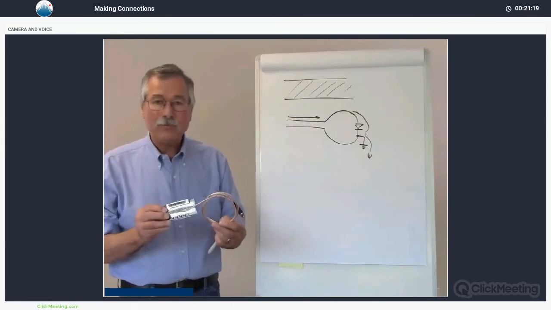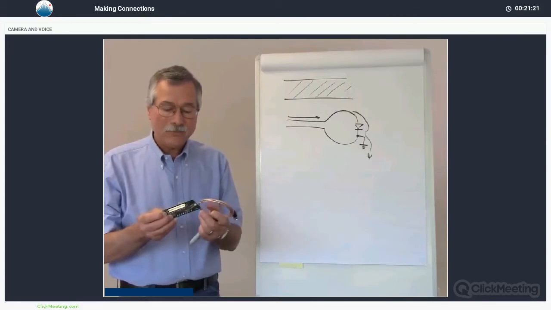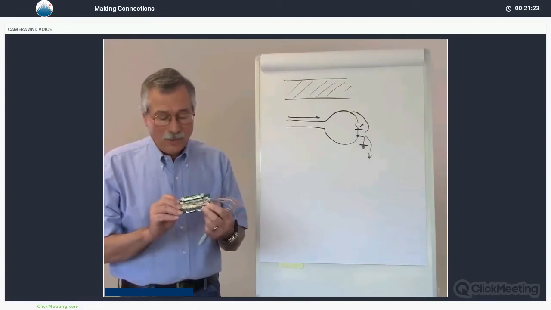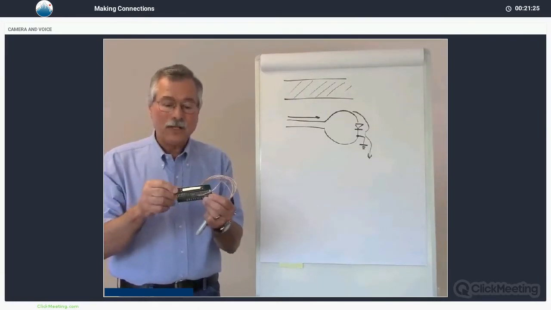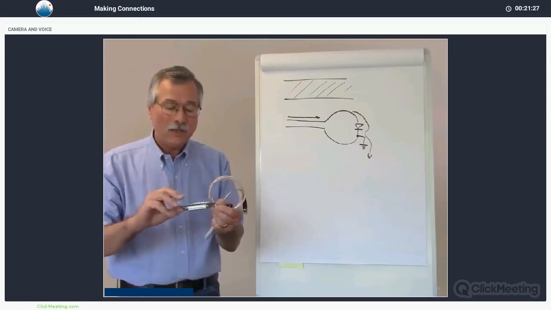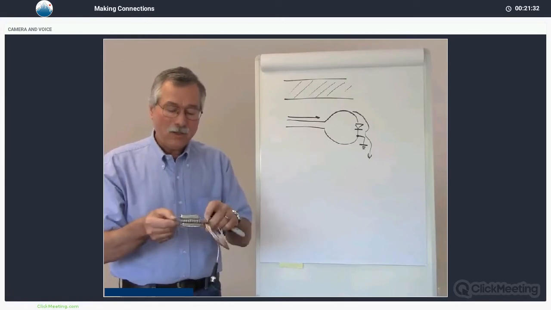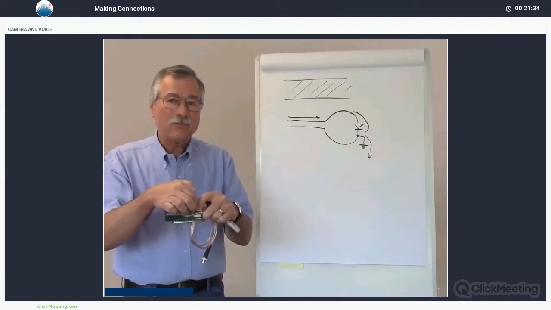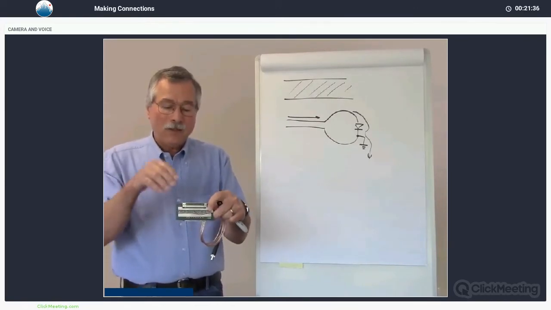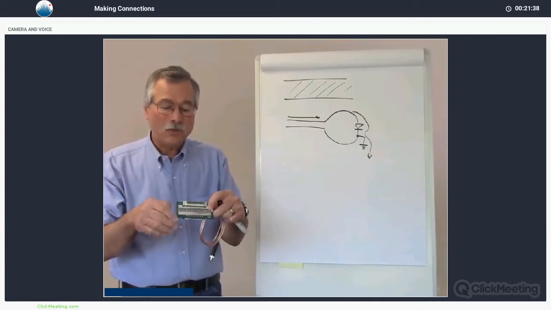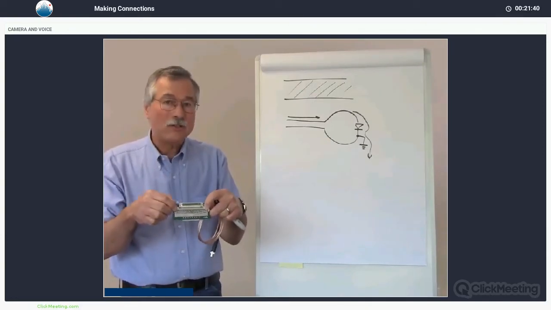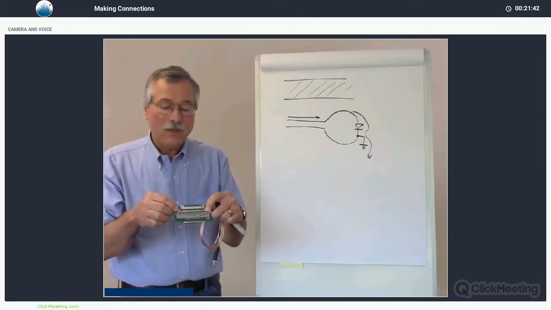One way of doing it is with something like this. This is an accessory with one of our drivers. It has a low inductance connector that plugs into the pulsar and another low inductance connector that plugs into the strip line. And what it does is it puts a bunch of resistors in parallel. They're in series with the current flow, but the resistors are in parallel with each other. This reduces inductance.